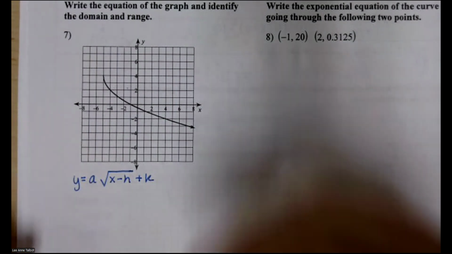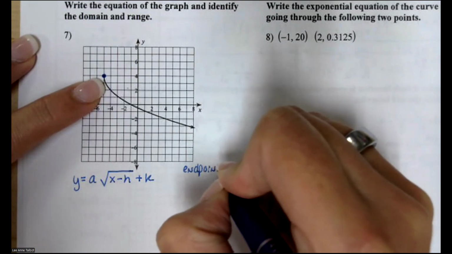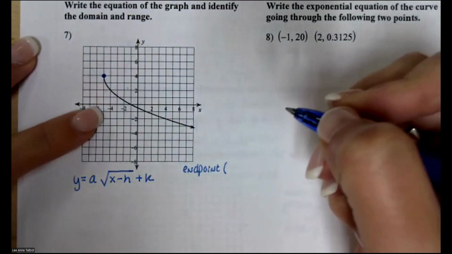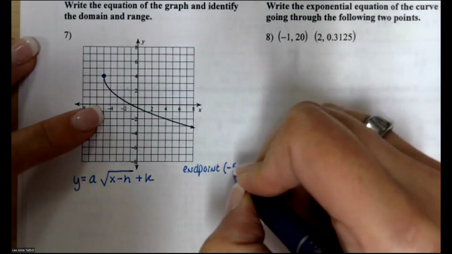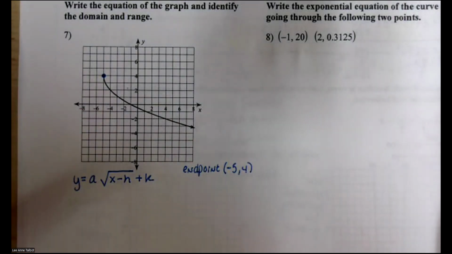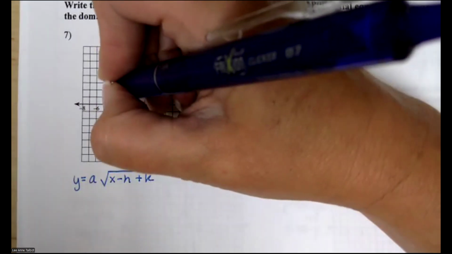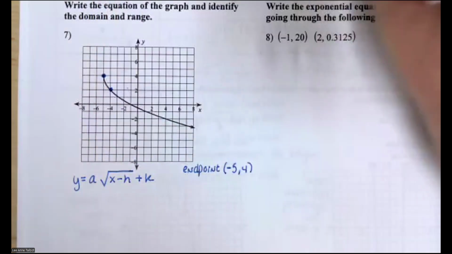Okay, now the endpoint is HK. So that's -5, 4. And then what I need you to do is find me an XY coordinate that's nice numbers that's on the graph. Yeah, so what about this guy, -4, 2?